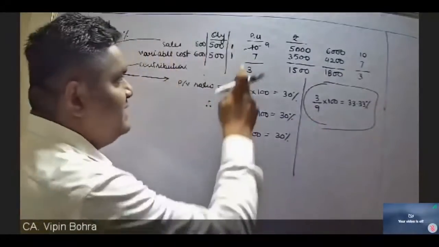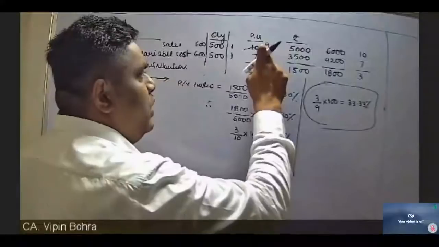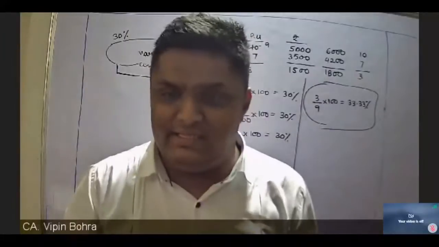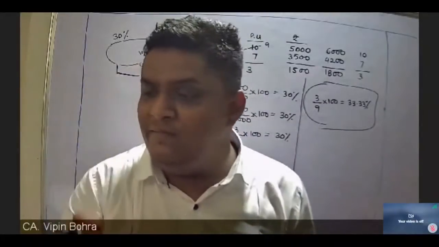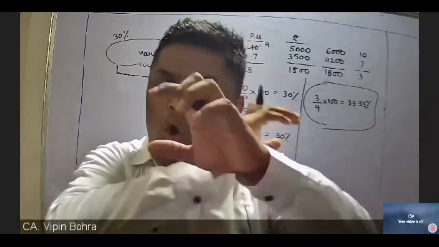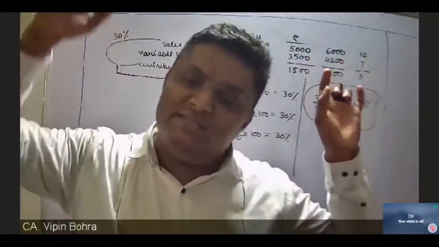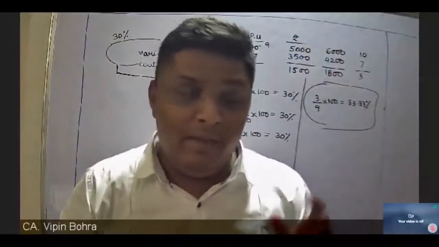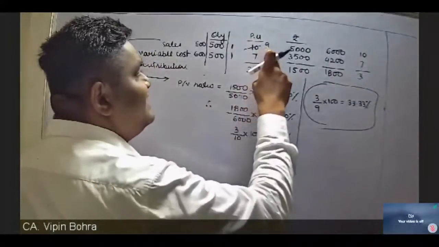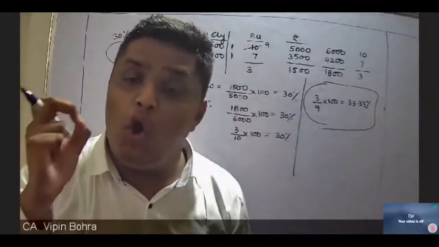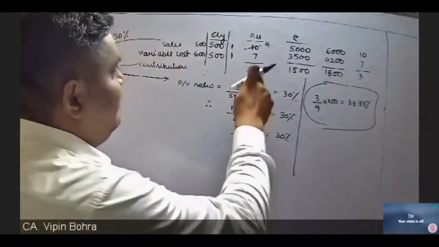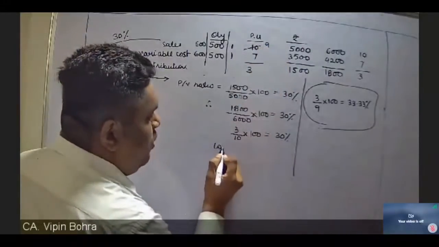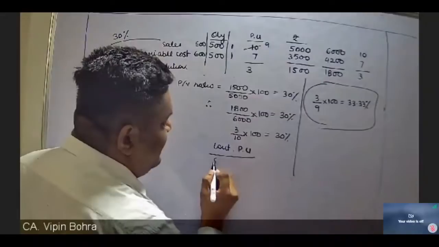But if there is a change in selling price per unit or variable cost per unit, the PV ratio is going to change. Even if the sales is increasing or decreasing, it will remain the same.